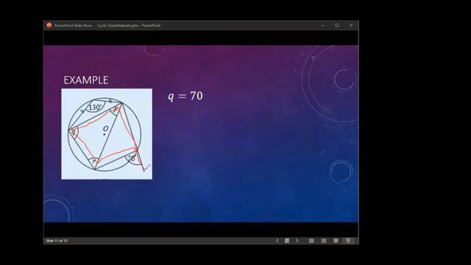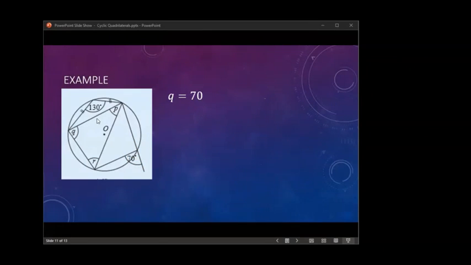This is a produced side. This is the so formed exterior angle that should be equal to the interior opposite angle, which is Q. So we can directly write Q is equal to 70 degrees using the theorem. I hope you got that. So Q is equal to 70 degrees.